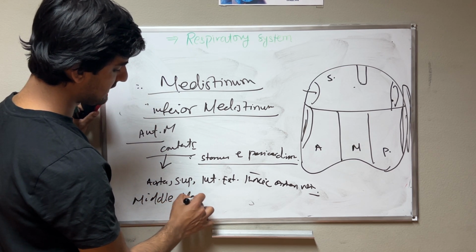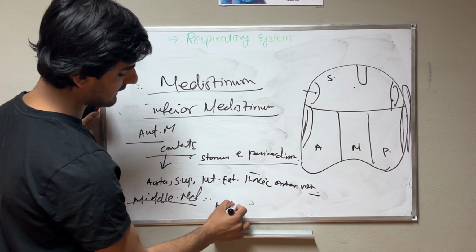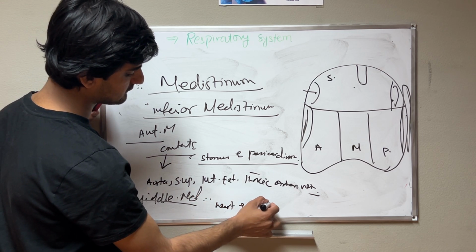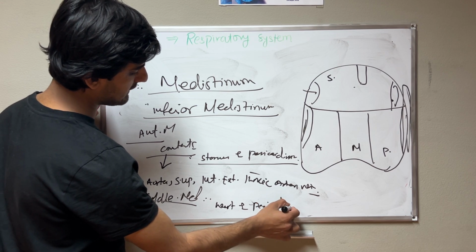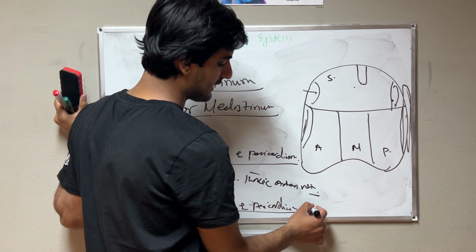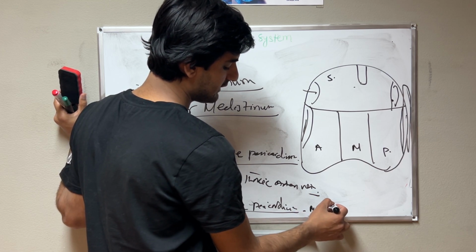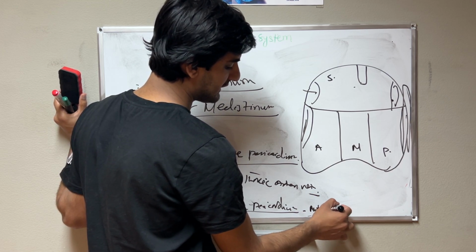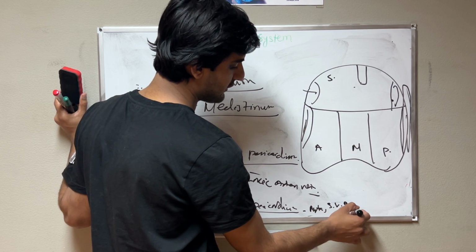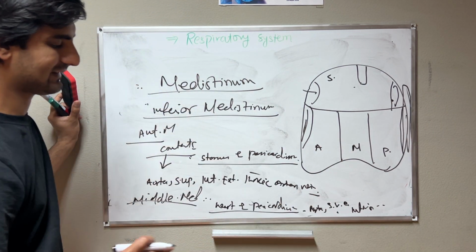Then we have the middle mediastinum, which is situated between the heart and pericardium. There we also have blood vessels like the aorta, the superior vena cava, then the inferior vena cava, and so on.